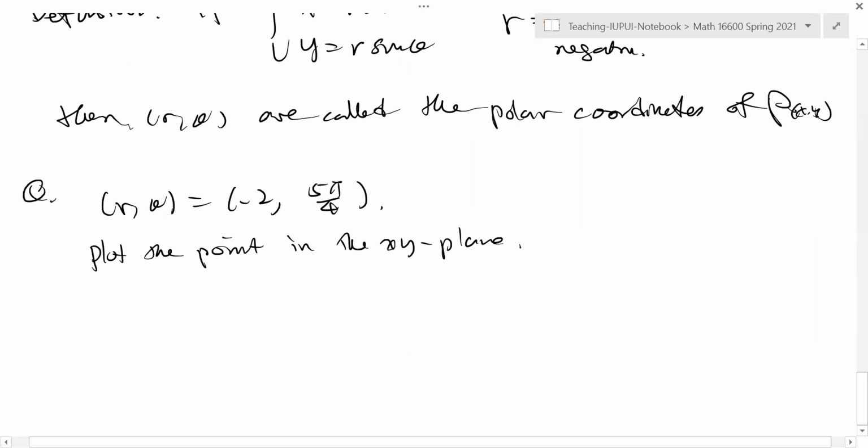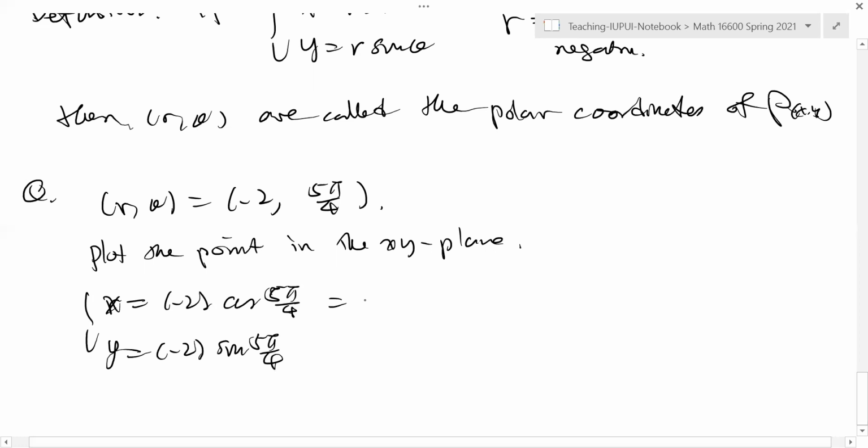There are a couple of ways to do it. One is you simplify it. X equals R cosine theta, so it's -2 cosine 5 pi over 4, and Y equals -2 sine 5 pi over 4. You can compute it.